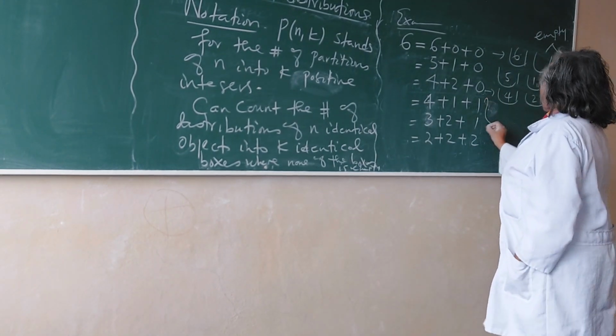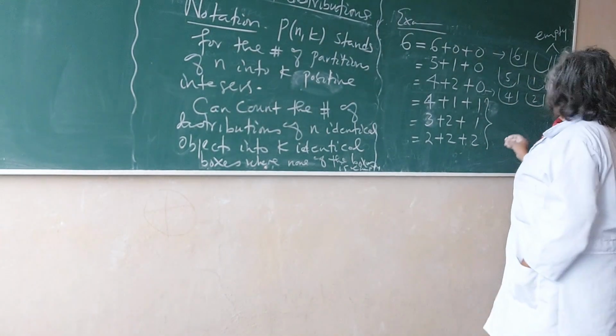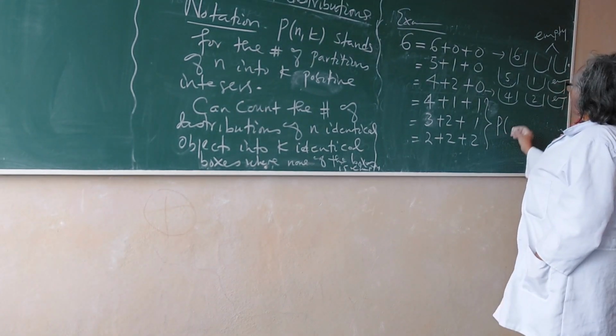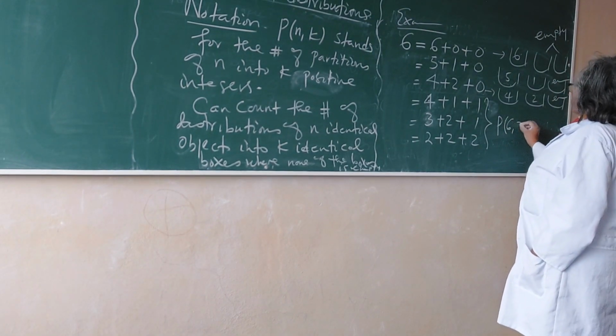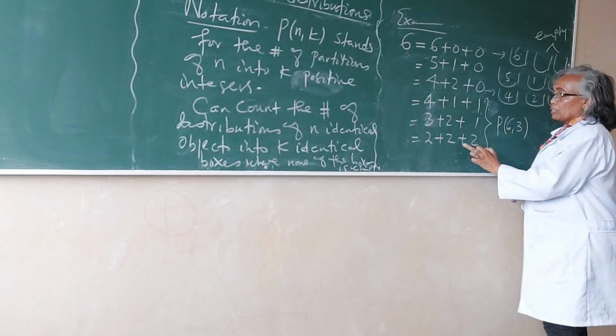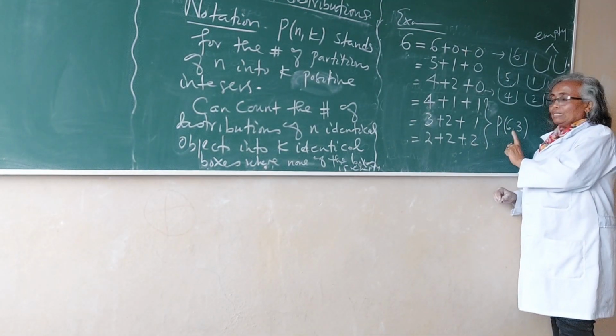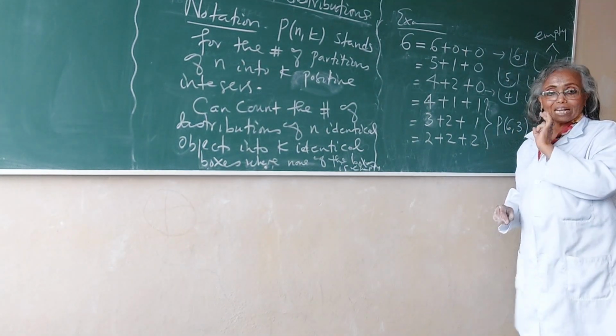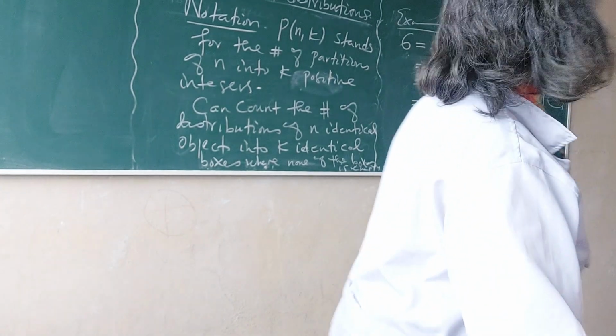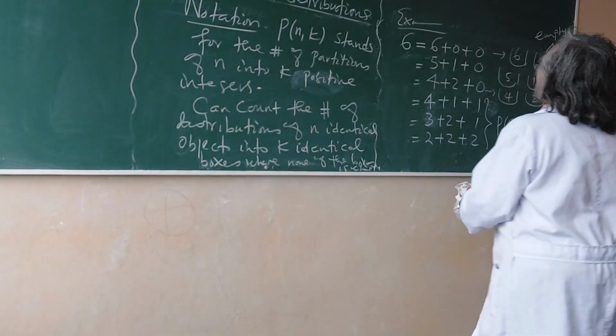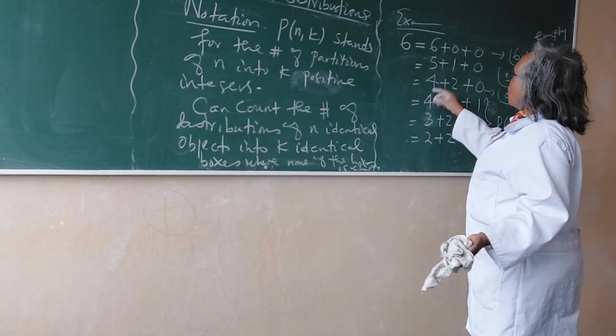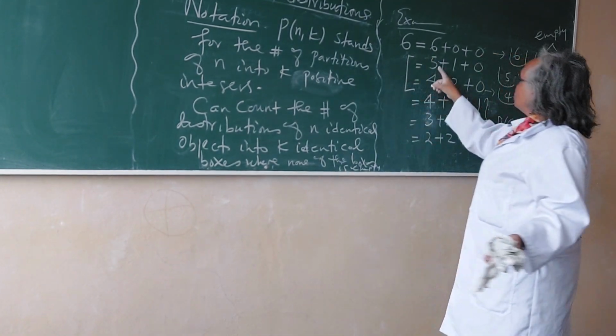Now, of course, this can be counted by P(6,3). There are 3 partitions of the number 6 into 3 parts. Now, how am I going to view those? Let me consider those 2.